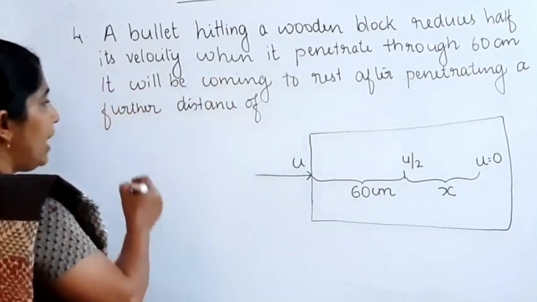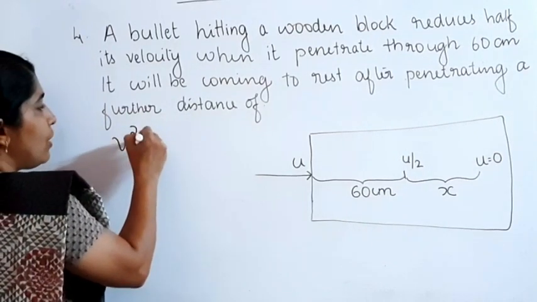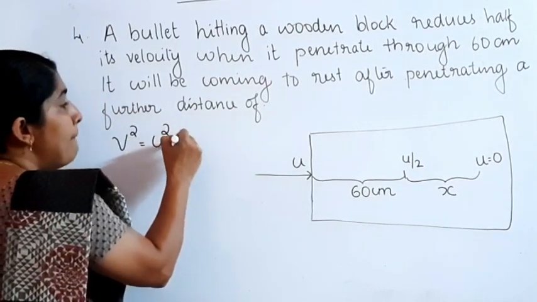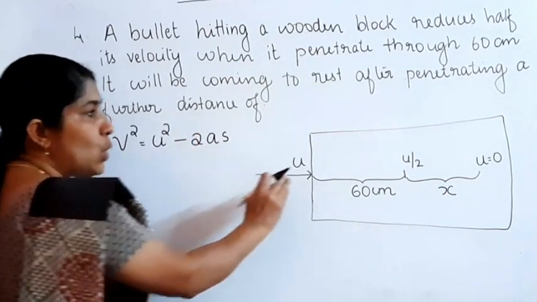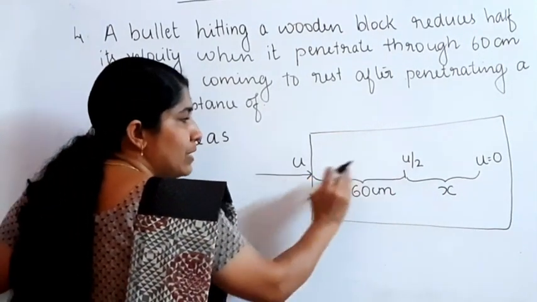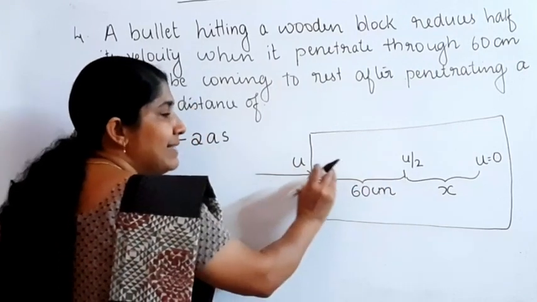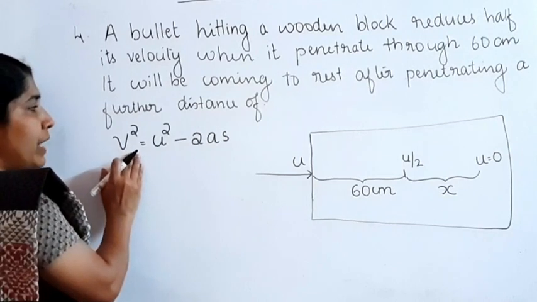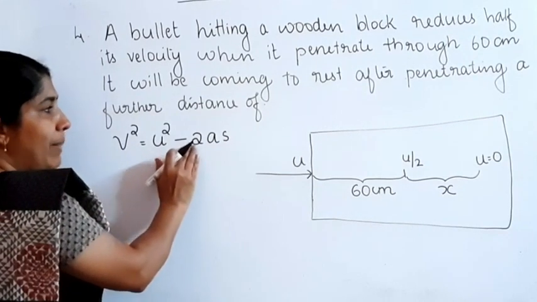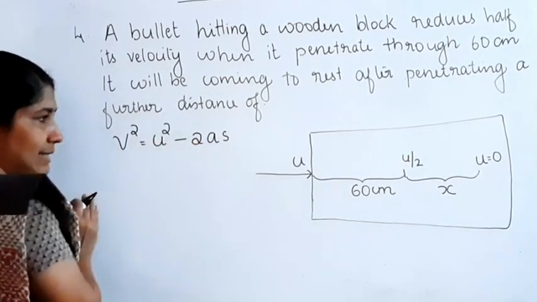Therefore, we can use the equation v square is equal to u square minus 2 into a into s, since the velocity of the body decreases, so it's a retarded motion.